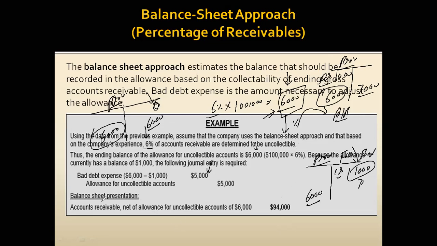So bad debts expense debit and allowance for uncollectible accounts credit with the amount of 5,000. The time you pass this entry of 5,000, you have the closing balance of 6,000, which we subtract from our gross receivables in order to get the net amount of receivables. I hope you are clear about this concept.